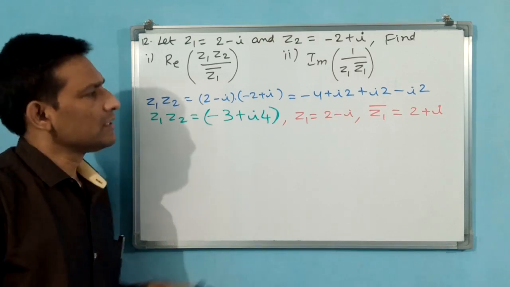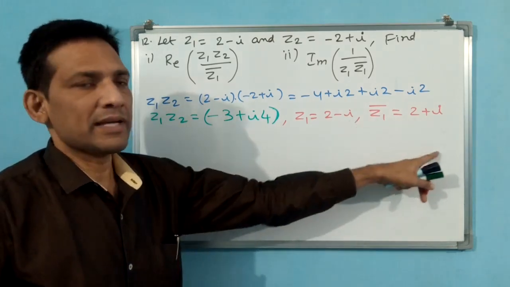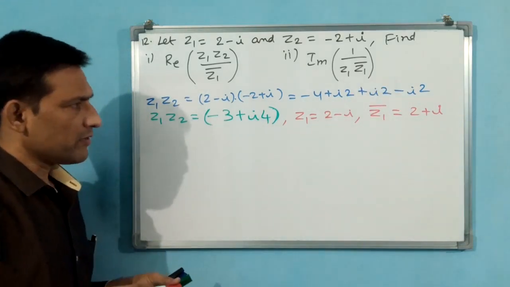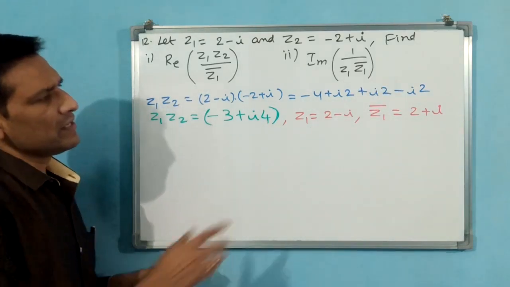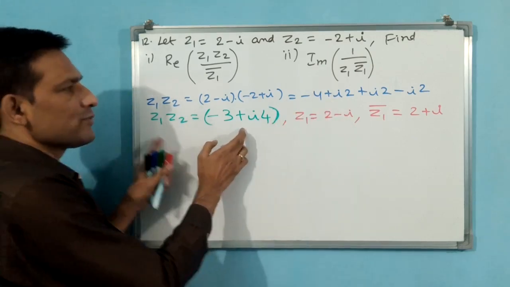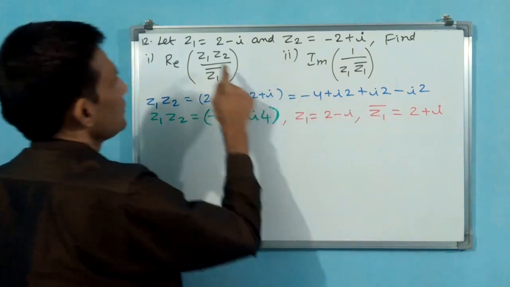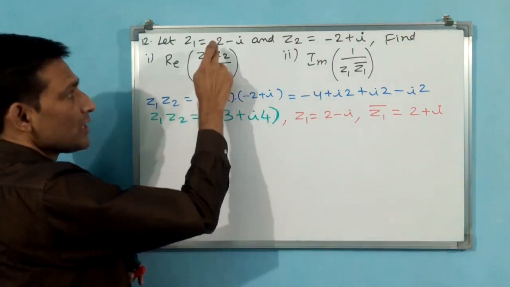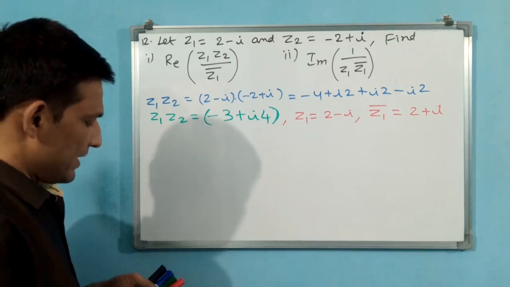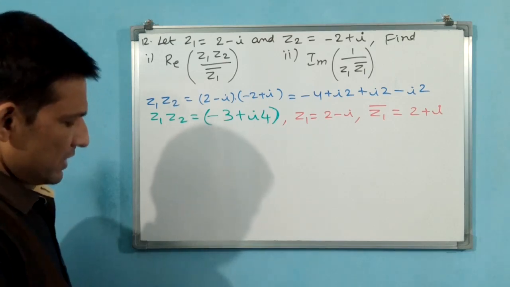Symbol or sign. 2 plus i, 2 minus i. 2 minus i, 2 plus i. Like that you have to change it. Our values are not going to change. Only sign has to be changed. Okay. Now you got Z1 Z2 and conjugate of Z1 also. Then you divide. Okay. Let me write.